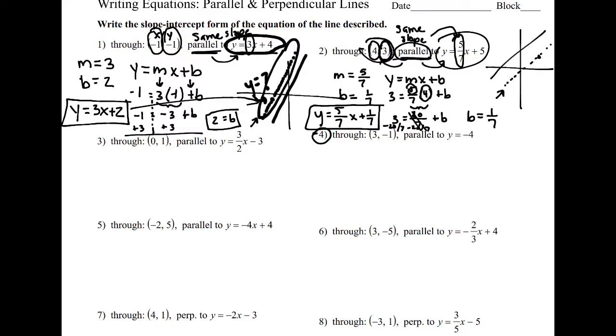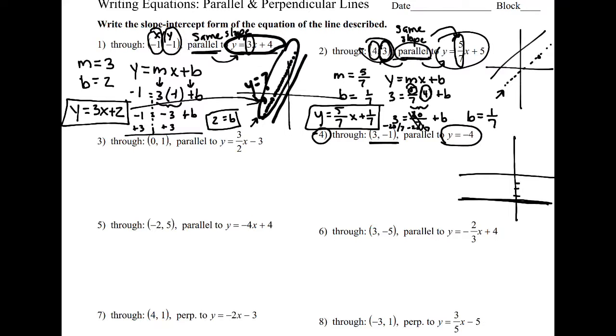So notice it's passing through a point again, but it's parallel to this line, y equals -4. And if you remember from Unit 1, and then I mentioned it yesterday as well, the line y equals -4 is a line that goes through -4 on the y-axis, and it goes straight through, so it has a slope of 0.